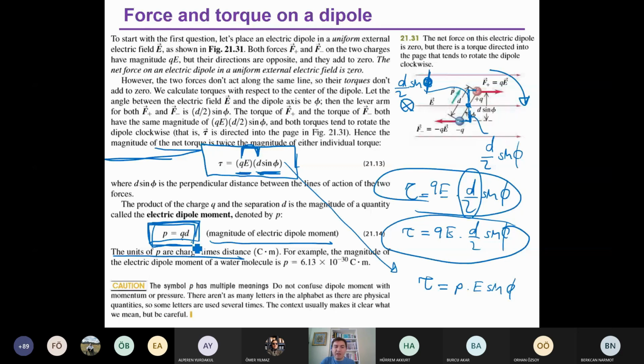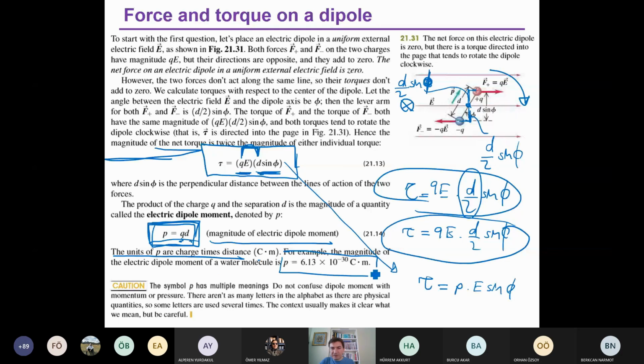And what about the magnitude of electric dipole moment of a water molecule? It is given with this one: 6.13 times 10 to the minus 30 Coulomb meter. So what is the shape of the water molecule?